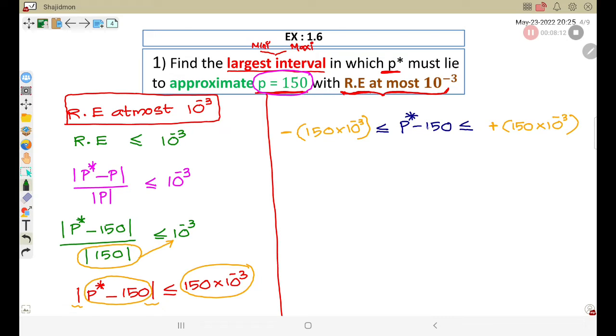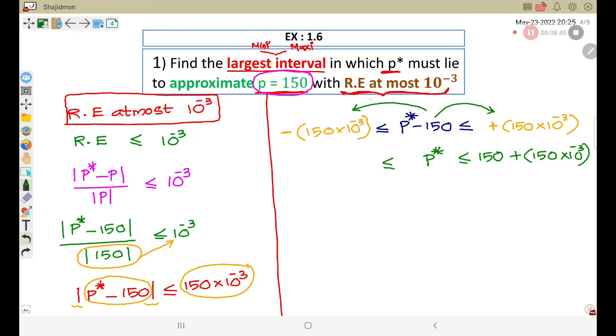Now after that, we need to calculate only p star. So in the middle we need to keep only p star, correct? So p star we are writing, and minus 150 we are taking to the right hand side and left hand side because it is an inequality. Both sides we need to compensate. So minus 150 going to the next side means plus 150, other term same, plus 150 multiply 10 power minus 3.